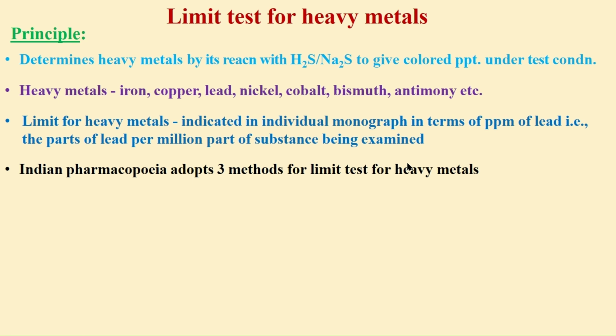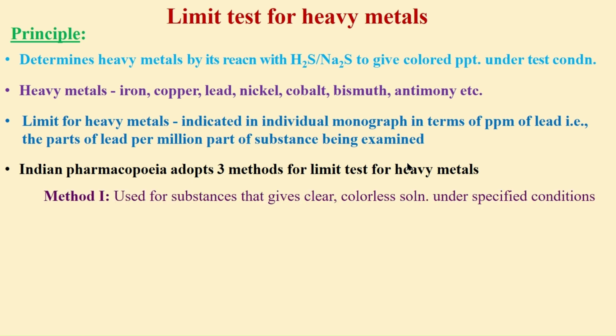The Indian Pharmacopoeia adopts three methods to perform the limit test of heavy metals. These three methods are used for different types of substances. The first method is used for those substances which give a clear colorless solution under the specified reaction conditions.